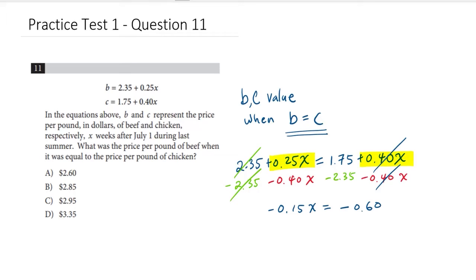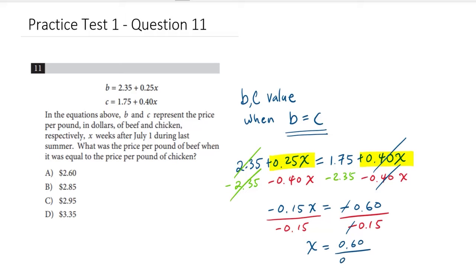Double check, triple check, so you don't make any mistakes. Okay, next, divide the whole equation by negative 0.15. Okay, so x is, we can just cancel out the negatives, so these are gone.